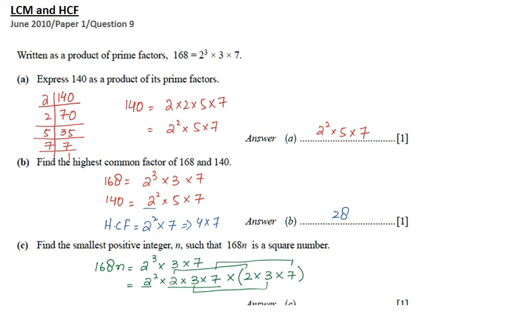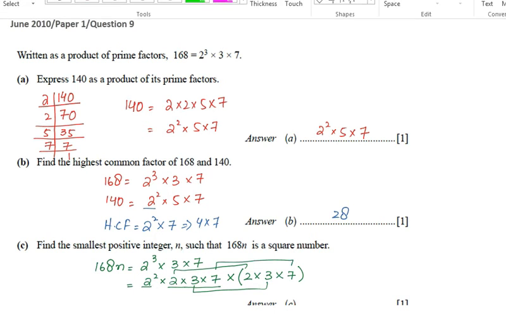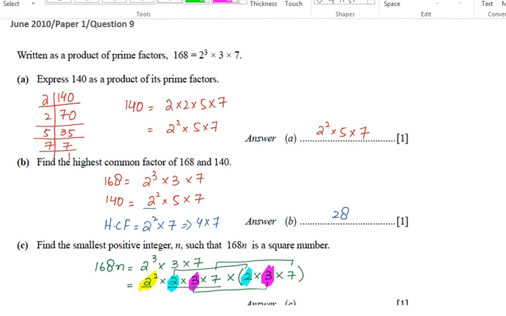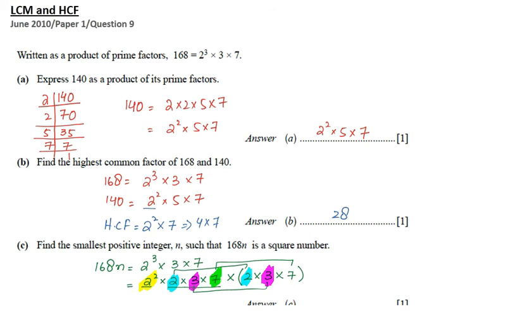So the first 2 is a square, the second 2 becomes a square when we multiply it with one more 2, similarly 3 becomes a square and 7 becomes a square.